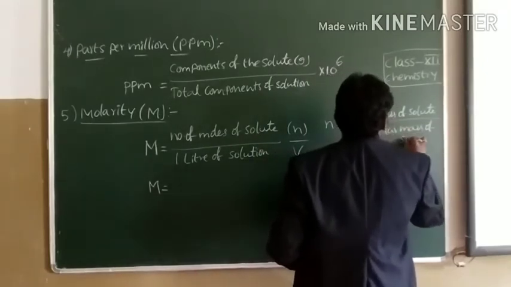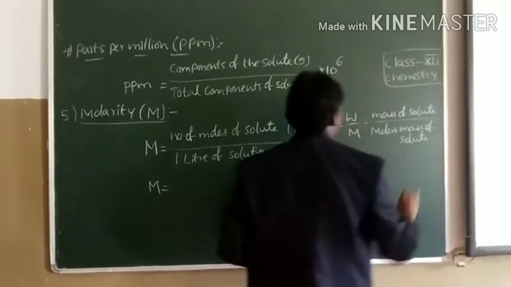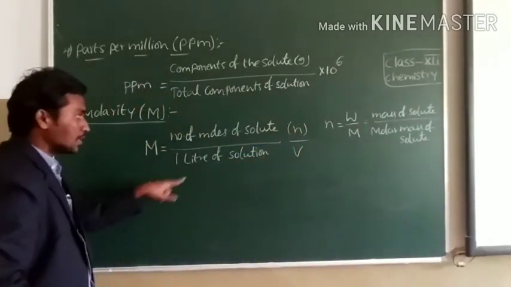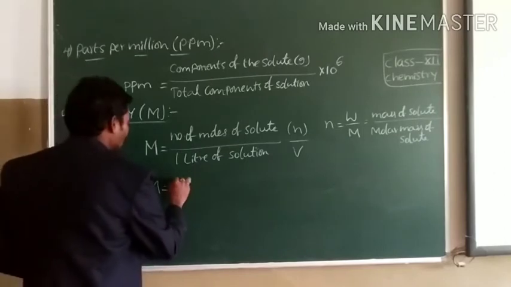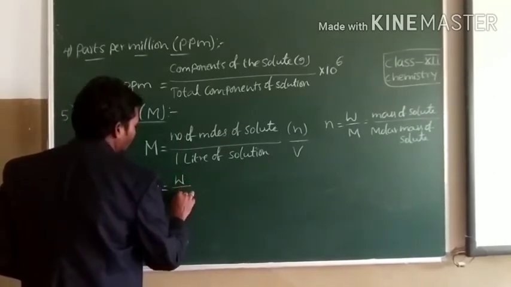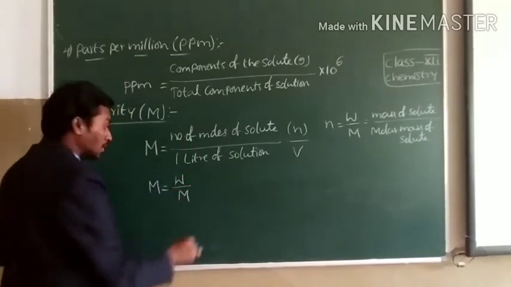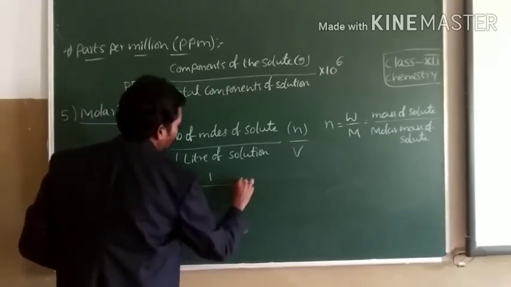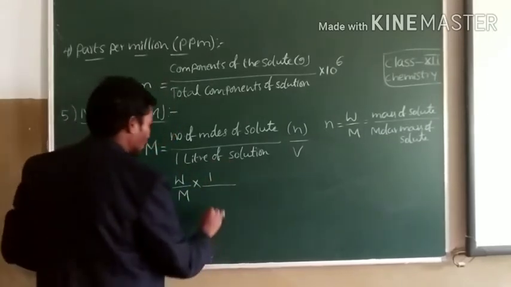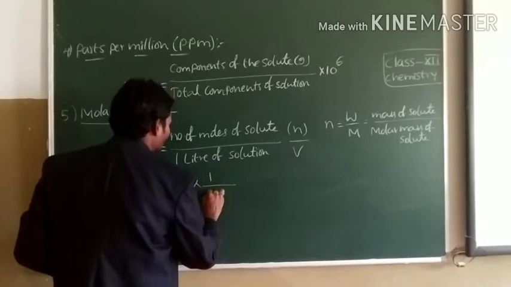In the place of n, we can substitute W by M. W means weight, divided by molar mass, into 1 by 1 liter of solution.